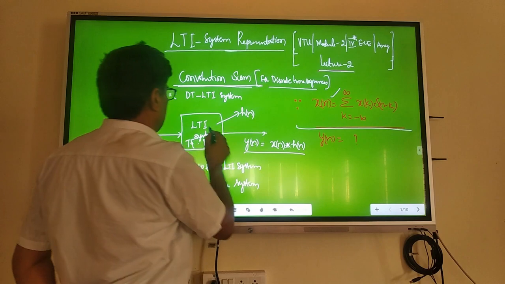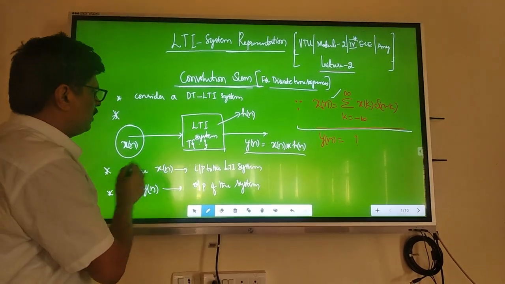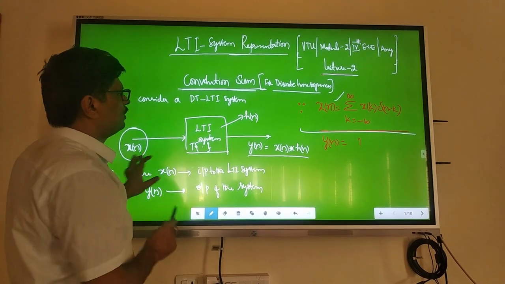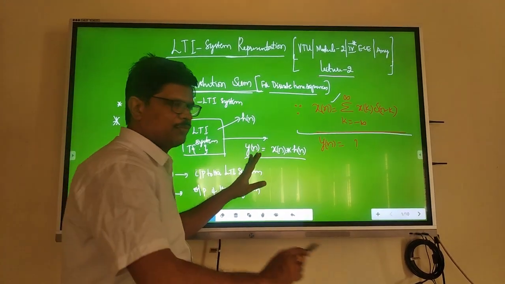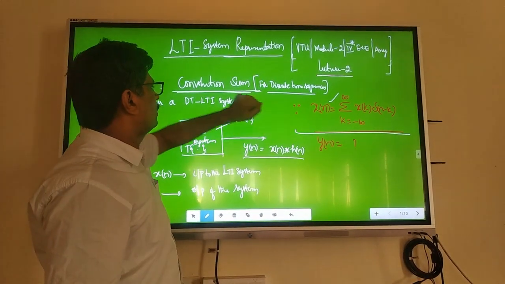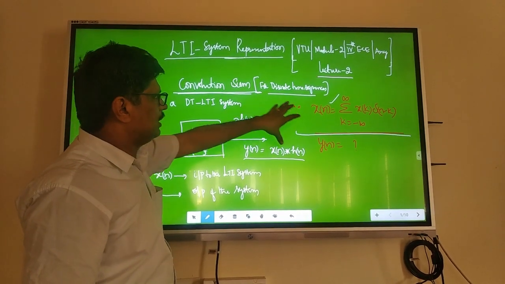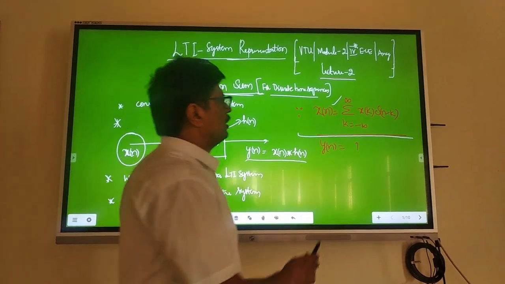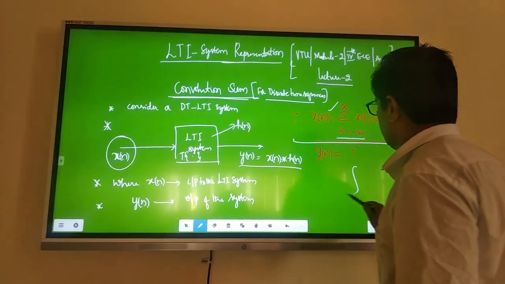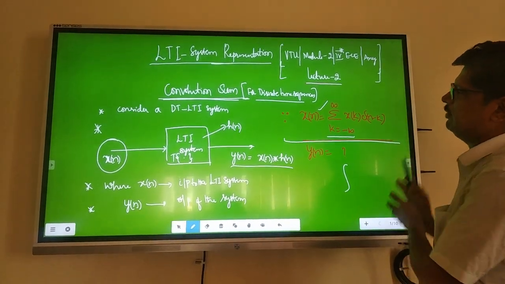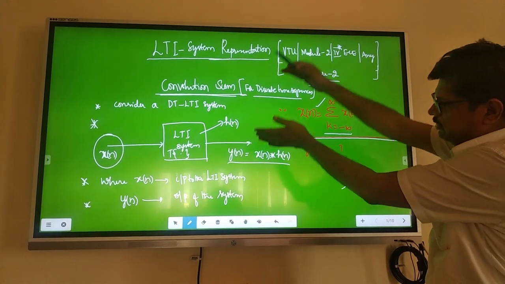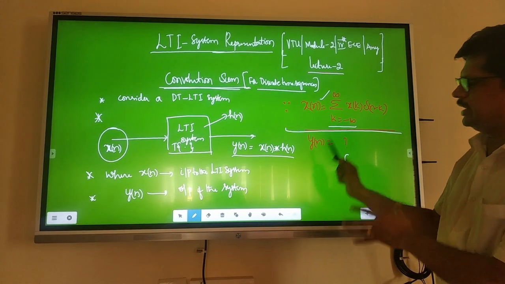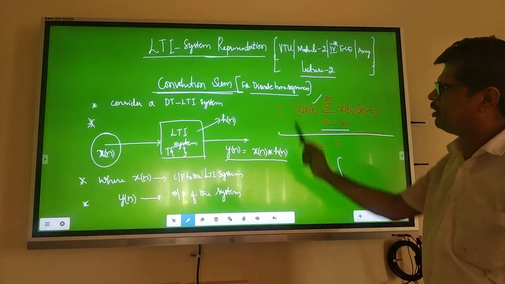If you do the same for continuous time signals x of t, h of t, and y of t, then the output is called the convolution integral, where instead of a sum we write an integral. That is the next half of the module. The first half of the module is the convolution sum, which means we will consider discrete time sequences.